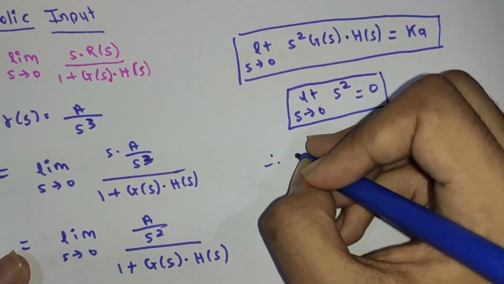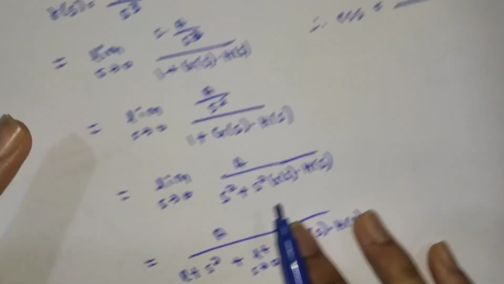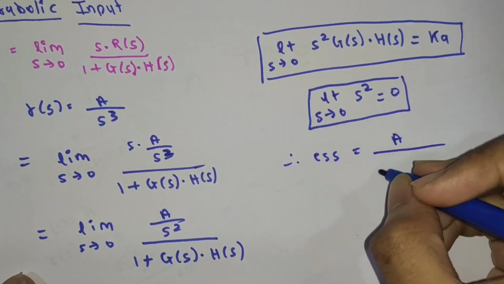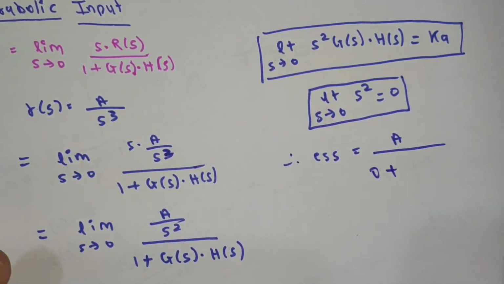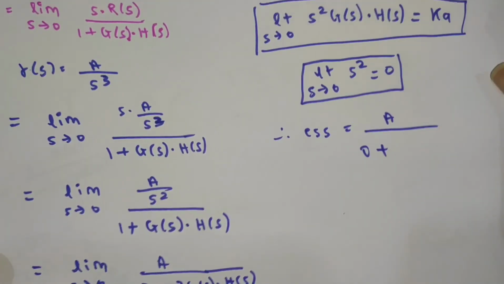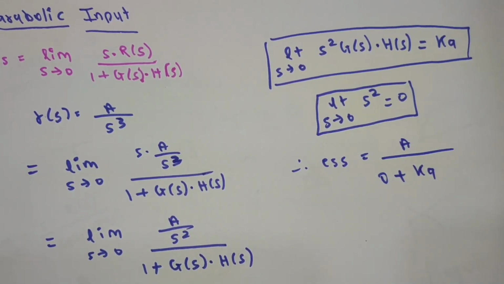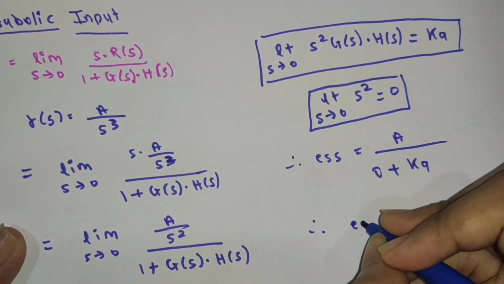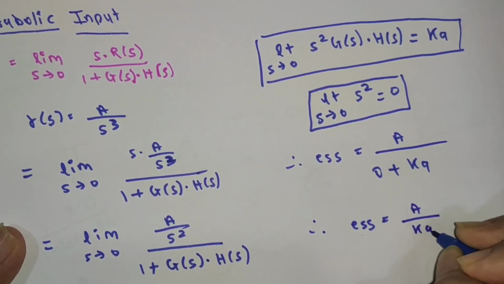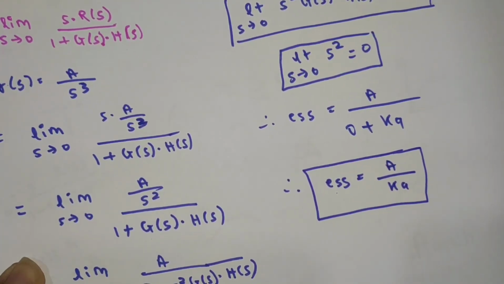So therefore ESS equals A upon 0 plus Ka, so I'm gonna write Ka. Therefore the steady state error for a parabolic input will be equal to A by Ka. This is my final answer.